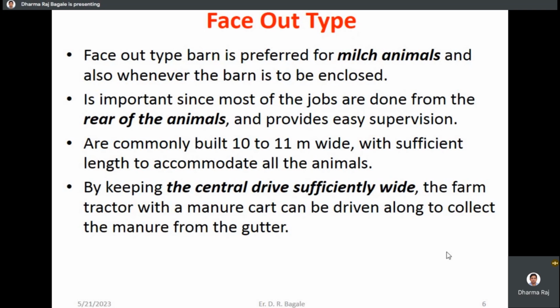It is important since most of the jobs are done from the rear part of the animal, and it provides easy supervision. From the same alley we can supervise the cows in both rows at a time, and it is commonly built.